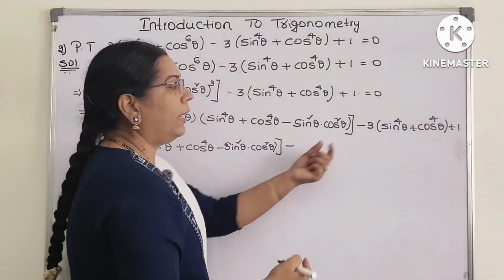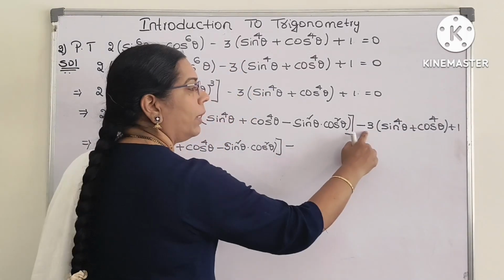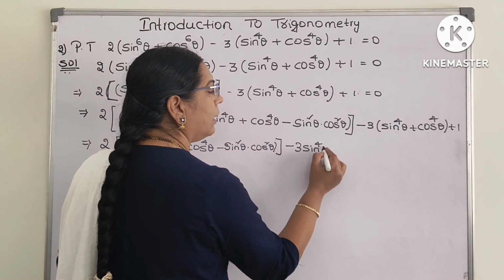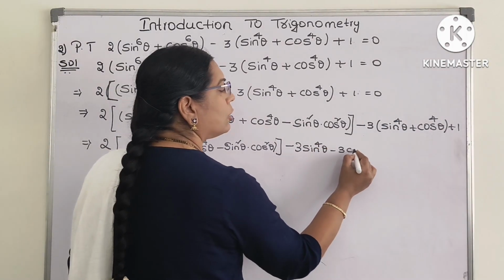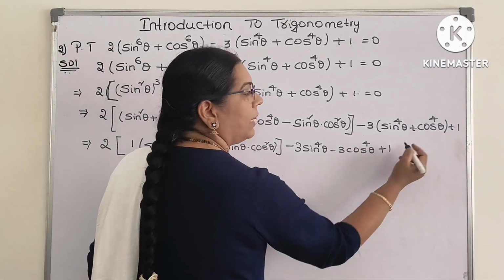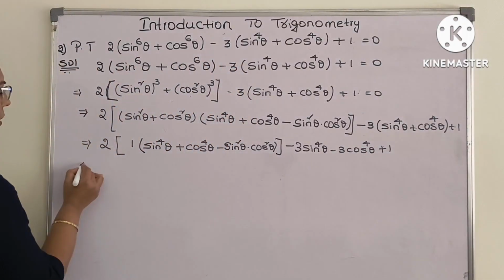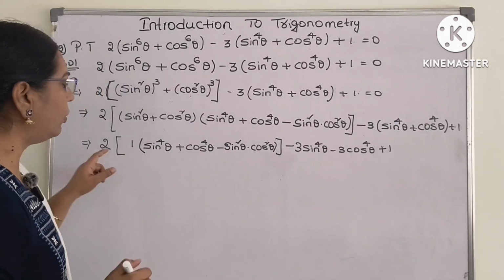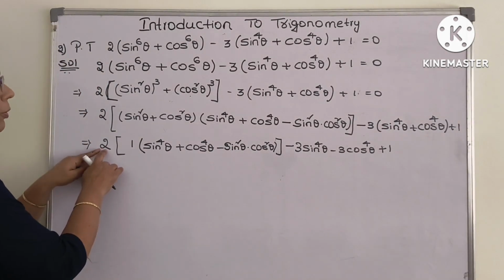Minus, now apply the distributive property to this. So it will become minus 3 sin power 4 theta minus 3 cos power 4 theta plus 1. That implies 1 multiplied by all these things will be 1 only. So again, I will apply the distributive property.